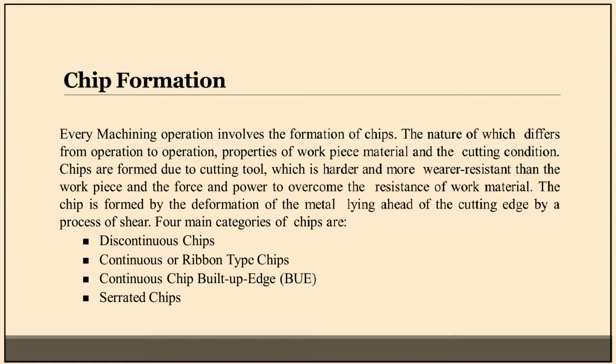The chip is formed by the deformation of the metal lying ahead of the cutting edge by a process of shear. Four main categories of chips are discontinuous chips, continuous or ribbon type chips, continuous chip built up edge BUE, and serrated chips.